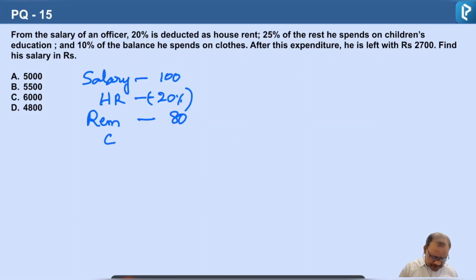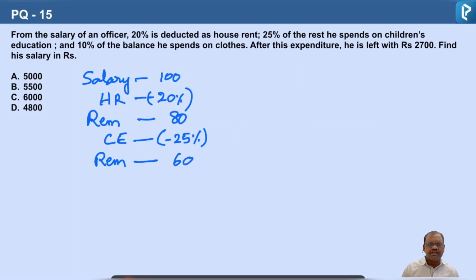So children's education is minus 25%. So what is the 25% of 80? So 25% of 80 is 20. So if you subtract 20, the remaining is 60.